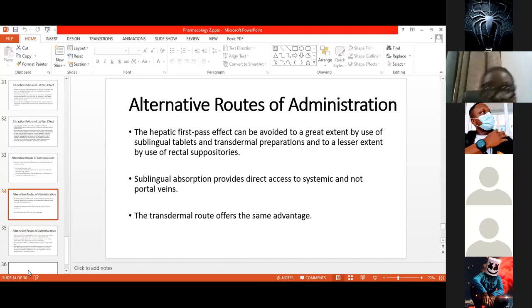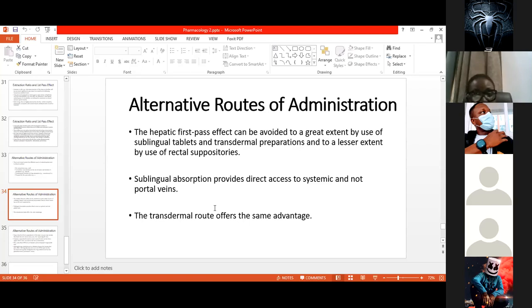Any more questions? Yes, please. You talked about the oral, the IV, so what about the one that the ladies insert? Does it go through the first pass effect?